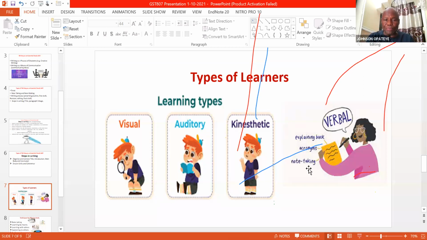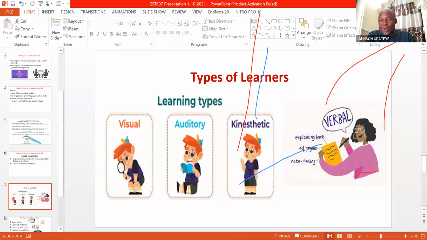And there are some disciplines that you cannot learn without actually doing. Just like if you are into home economics and you want to learn how to bake bread or cake, you are not saying, let me go and read it, or they draw a picture of how to do it.